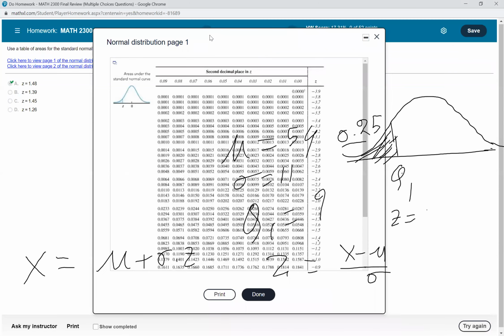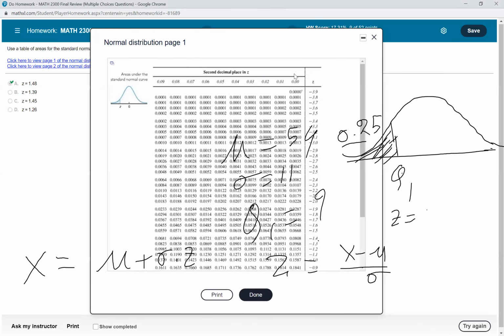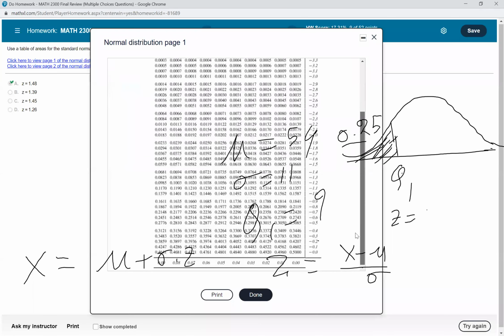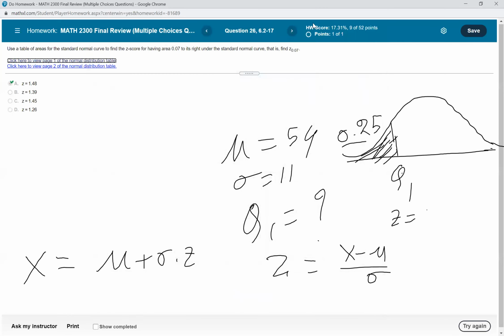The area is 0.25, and 0.25 is here in between 0.2483 and 0.2514. So 0.25 is in between these two numbers, and the corresponding z scores are negative 0.68 and negative 0.67. So that means the corresponding z score is negative 0.675.